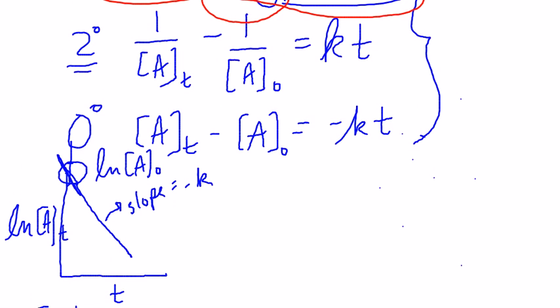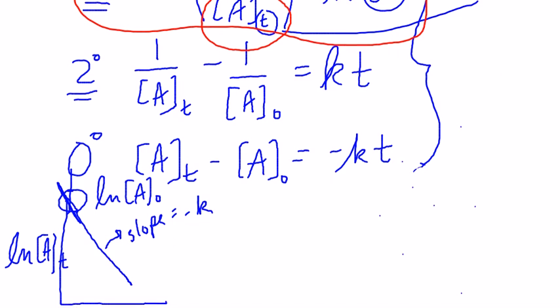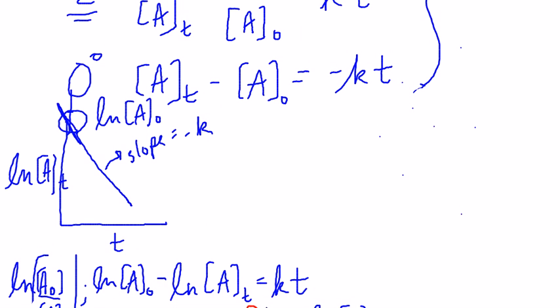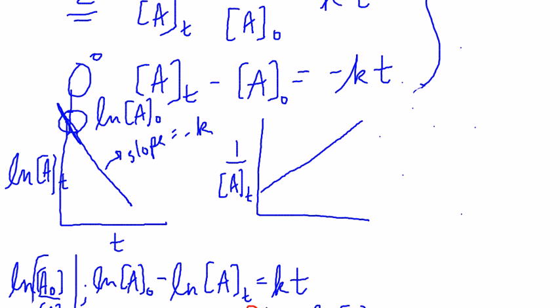And if we look at the others in a similar fashion, what you would notice is that if you have a second order reaction, 1 over A at time t versus t gives you a straight line.